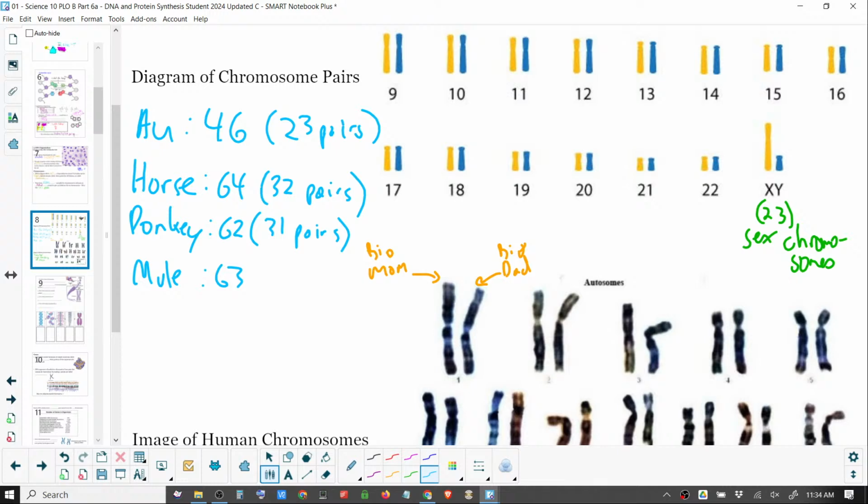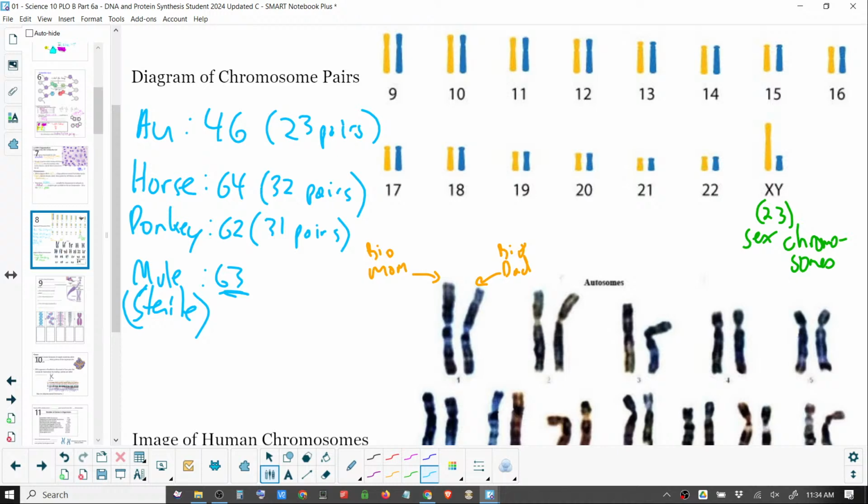If you have a section in which you have a different number of chromosomes, they're not interbreedable. It just turns out that the horse and the donkey are so very, very closely related that you do get an infertile offspring. So a mule is sterile because you don't have pairs.